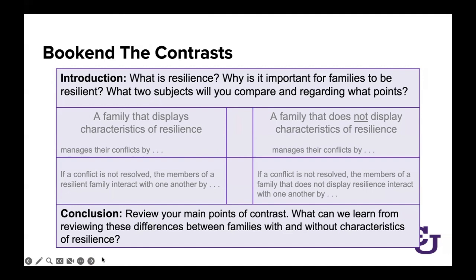And then finally, a conclusion. In your conclusion, review your main points of contrast and then tell us, what have you just enlightened us with? What can we learn from reviewing these differences between families with and without characteristics of resilience?